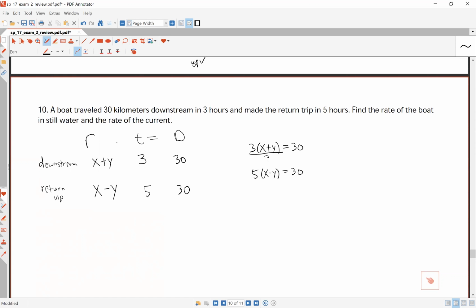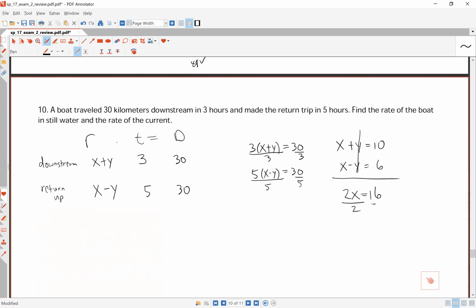Now go ahead and divide both sides of this equation by 3 and get x plus y is 10, and both sides of this equation by 5 and get x minus y is 6. We can add those two equations together and cancel those y's and get 2x is 16.